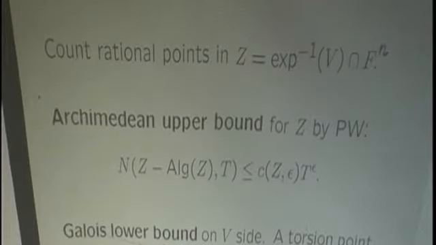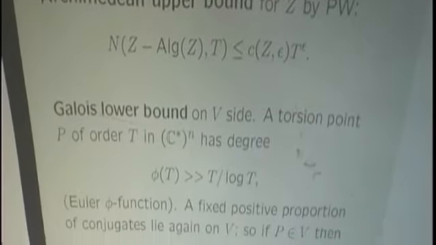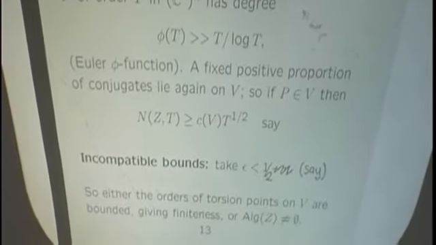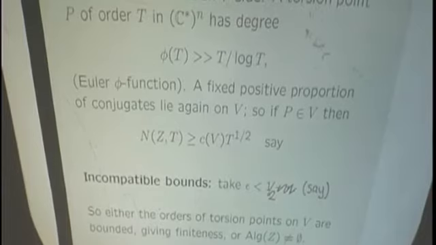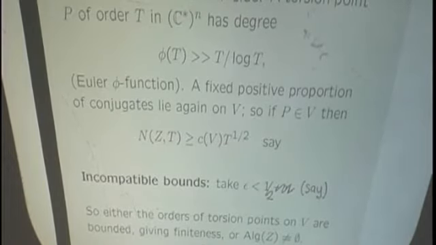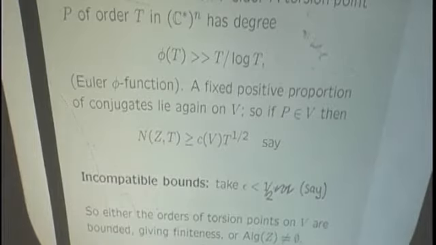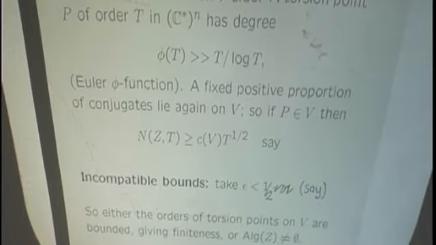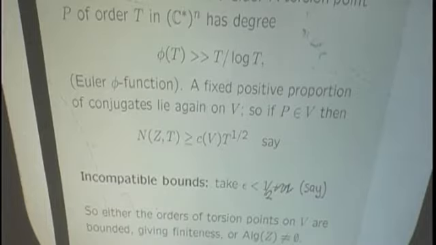But on the V side, these points, of course, are algebraic. They're roots of unity. And they have Galois conjugates. And in fact, they have rather a lot of Galois conjugates. A torsion point P of order t has degree phi of t, where phi is the Euler phi function. And in fact, this order is very nearly t, just t divided by a logarithm.